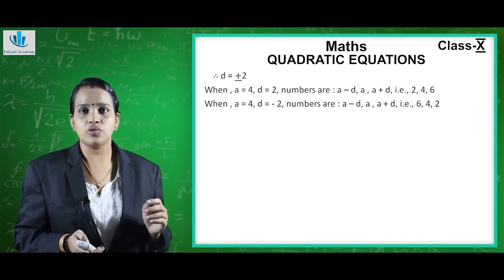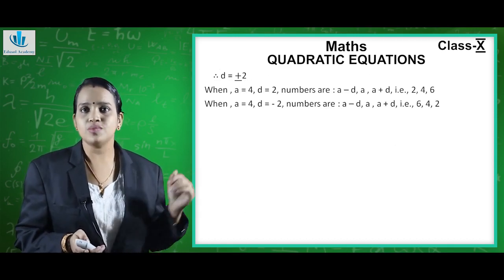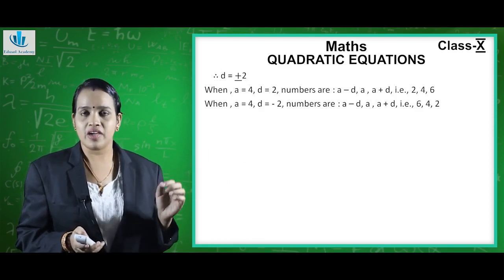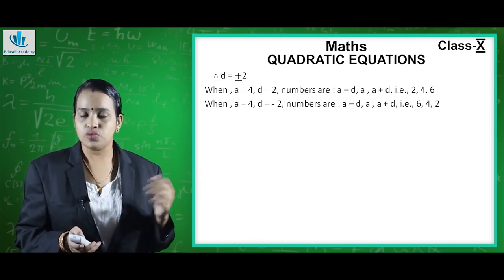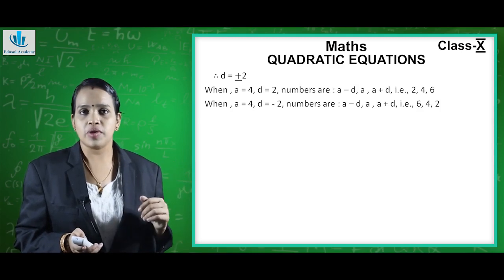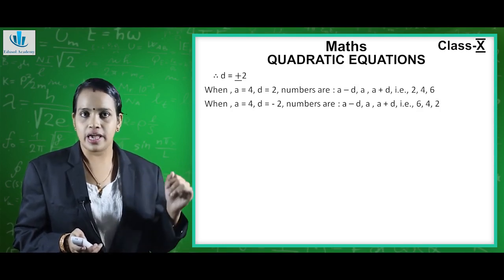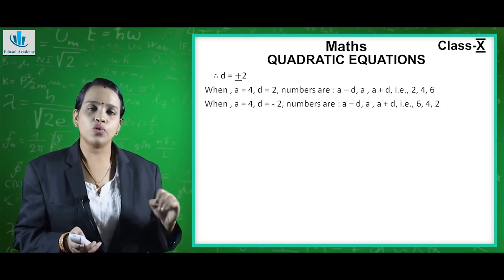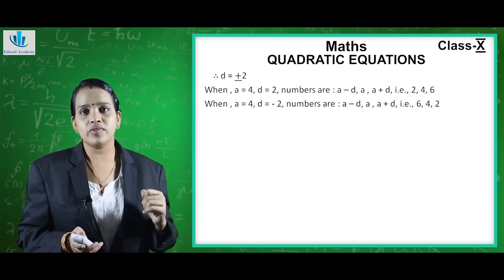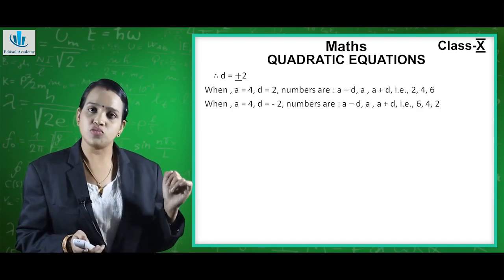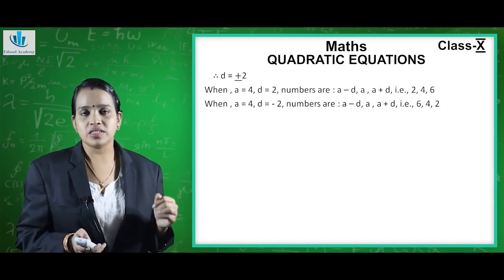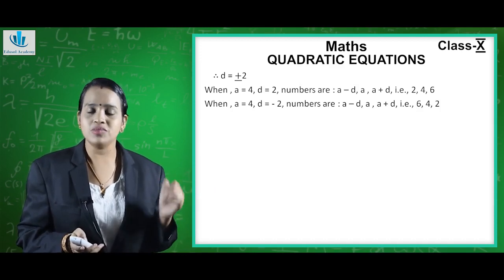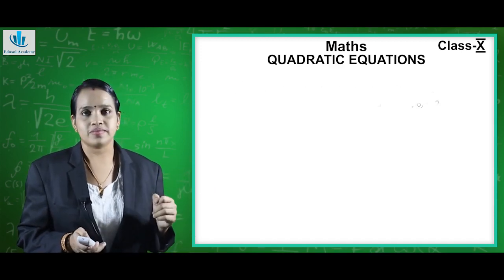When we take the root, d is equal to plus or minus 2. Suppose we take a as 4 and d as 2, so our numbers of the AP, a minus d, a, a plus d, become 2, 4, 6. Now when we take a as 4 and d as minus 2, and put the values in a minus d, a, a plus d, it becomes 6, 4, 2.